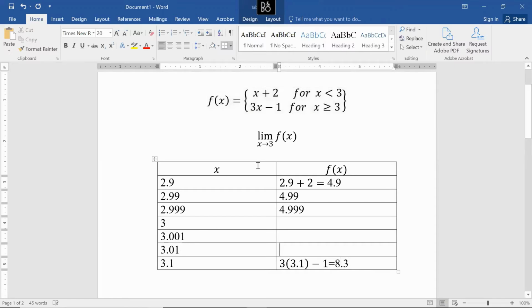If you type in 3.01, since 3.01 is still bigger than 3, we're going to use the bottom expression, and we're going to get 8.03. If I do 3.001, I end up with 8.003.